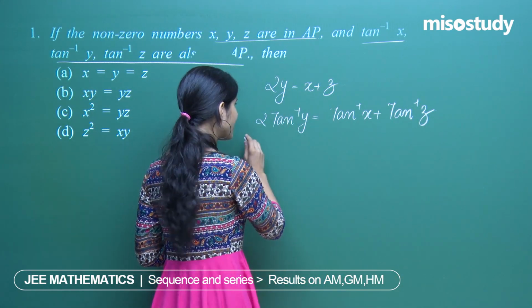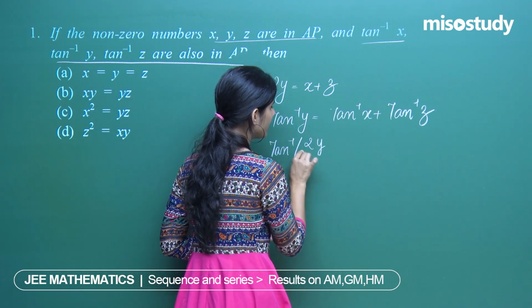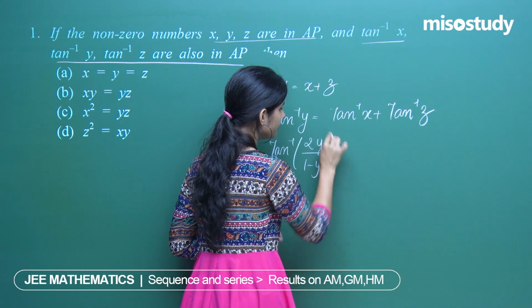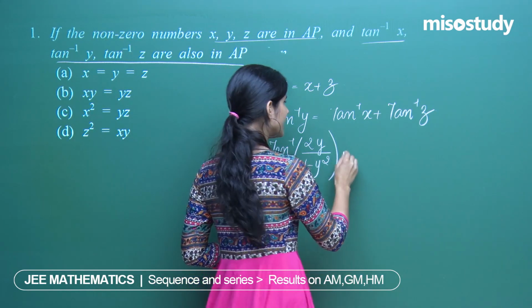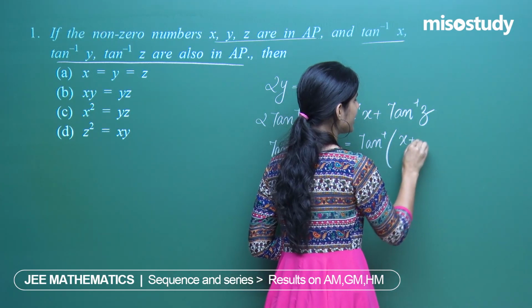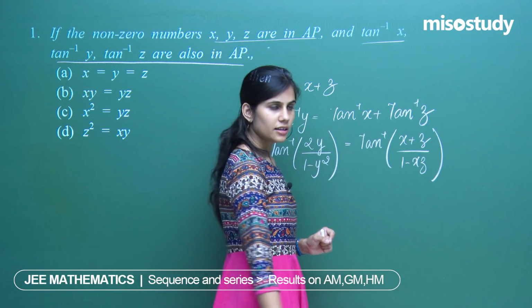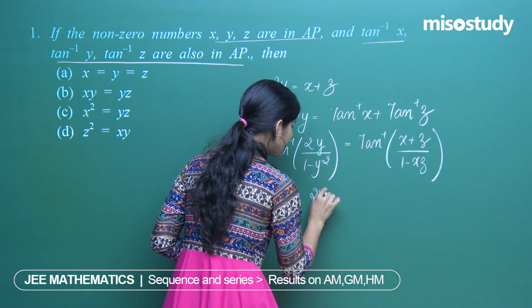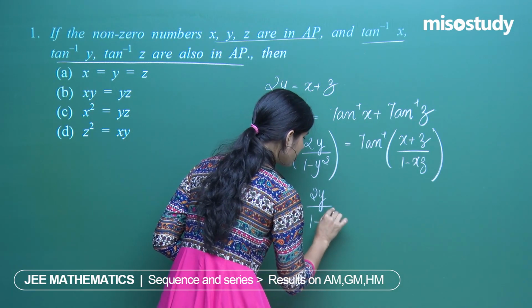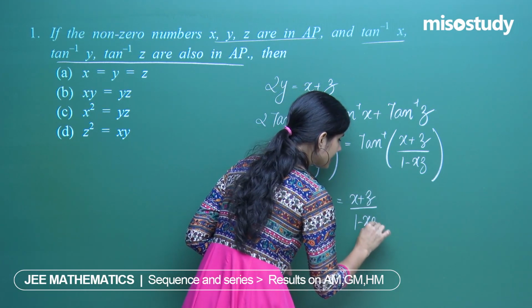Right? Twice tan inverse y means tan inverse of 2y upon 1 minus y square. Tan inverse x plus tan inverse z means tan inverse of x plus z upon 1 minus xz. If these two things are equal, that means their arguments are the same: 2y upon 1 minus y square equals x plus z upon 1 minus xz.